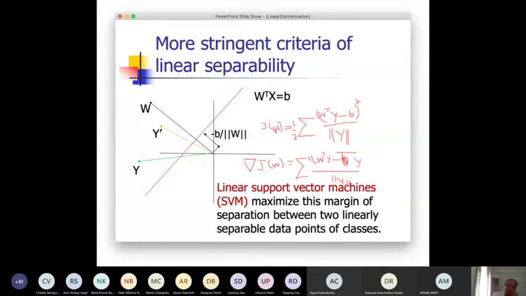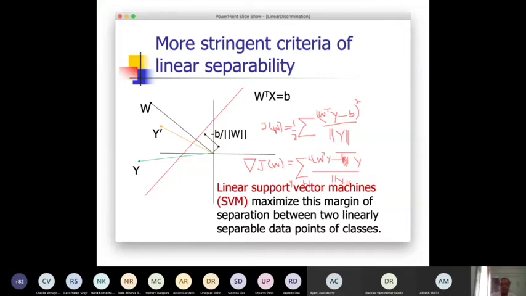Here you may not require to check whether they are negative or positive, because as you understand, this error nicely takes care of that. Oh no, you have to consider that. Sorry. So y should be a misclassified sample. That means the y is such that W transpose Y is less than B. I'm sorry.